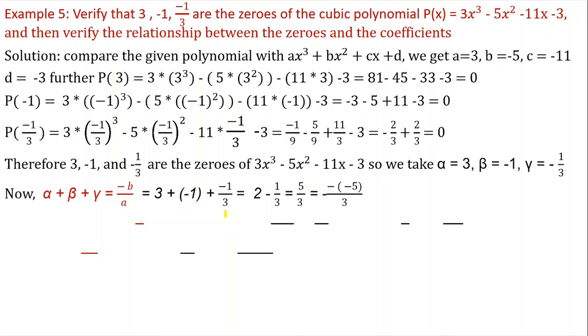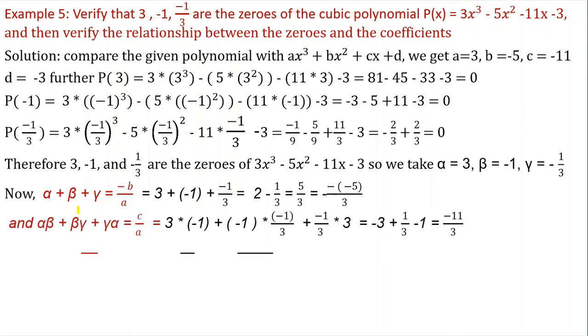If I find the sum of the products of its zeros two at a time, alpha beta plus beta gamma plus gamma alpha, which is equal to c by a, with c as minus 11 and a as 3, I get minus 11 by 3. If I find the product of its zeros alpha beta gamma, which is equal to minus d by a, minus d by a means minus of minus 3, that is plus 3 by 3, which is equal to 1. Hence, these three relationships between the zeros and coefficients are verified.